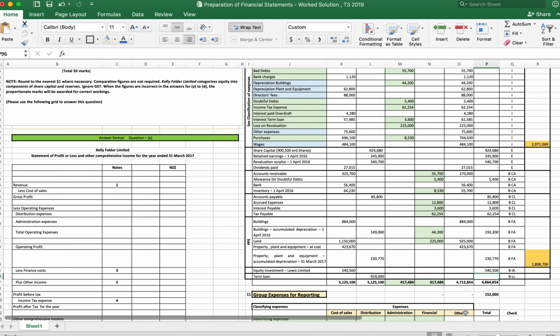And term loan. Sorry, it's an investment. It's like equity. Then there's a term loan. Now it balances. Cool. So it was only just I'd forgotten to do the last 2 lines, so that's pretty straightforward.